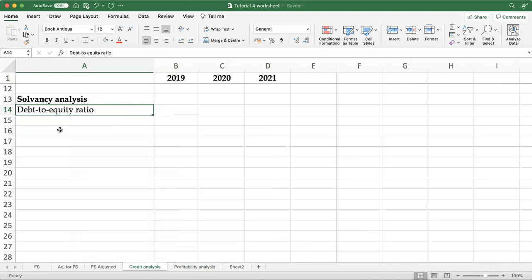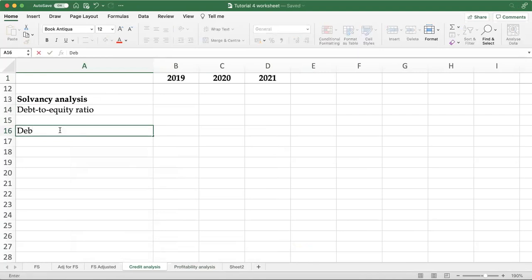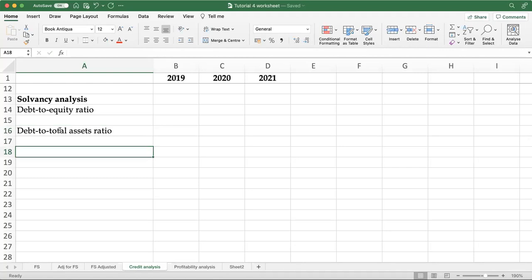Debt to total assets ratio. Interest coverage. So likewise, you can analyze solvency ratios.